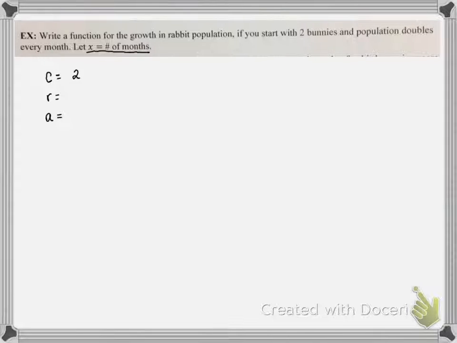Yeah, they give the growth factor because they actually tell us what number we're multiplying by, right? If we're doubling, that means that we're multiplying the number of rabbits by 2 every month. So we don't even need this growth rate here because it's not part of the information they give us, and it's also not part of the function we're writing, so it's not necessary. We needed it before because they gave us that, and then we used it to find the growth factor.